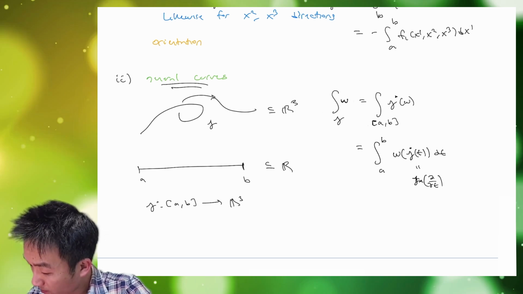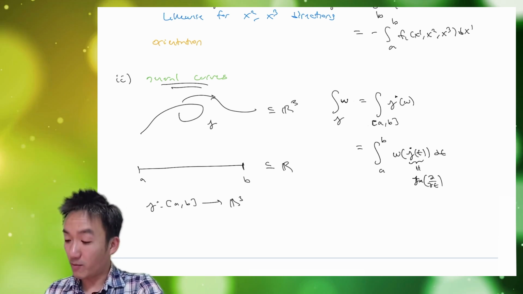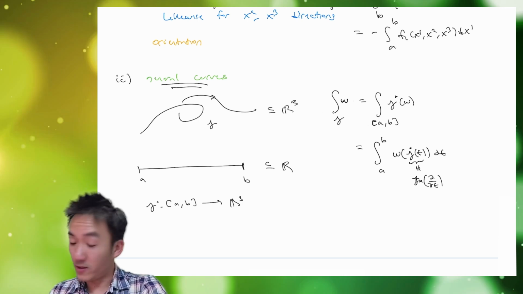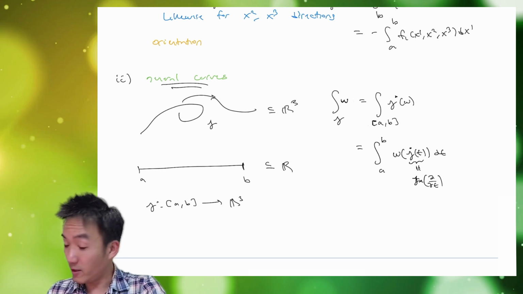Okay, so this gamma dot is the same thing as a push forward. I'm just rewriting this integral in several ways just so that perhaps one of them makes the most sense to you, but these are all equivalent.